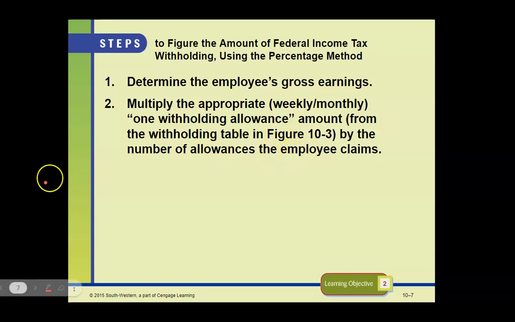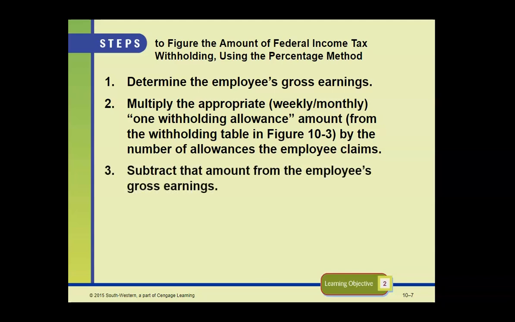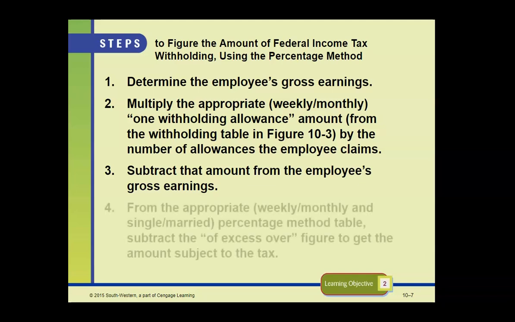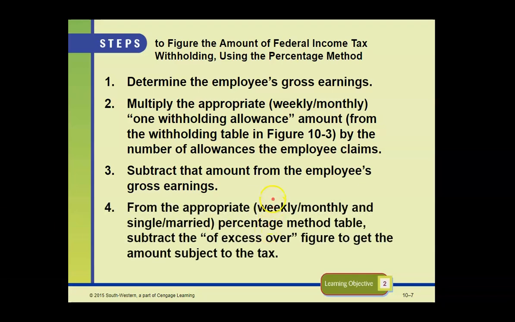Recall that we multiplied $76 by 4 because that was the number of withholding allowances. The third step was to subtract that amount from the employee's gross earnings. Then it says, from the appropriate weekly, monthly, and single or married percentage method table, subtract the excess over figure to get the amount subject to the tax.